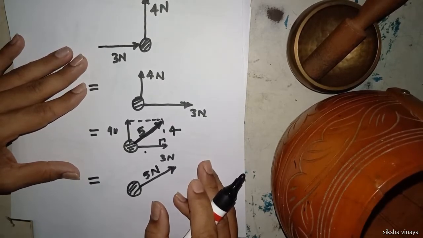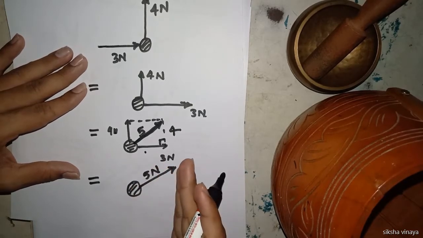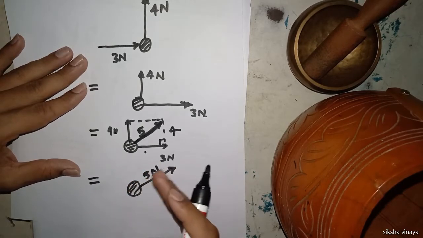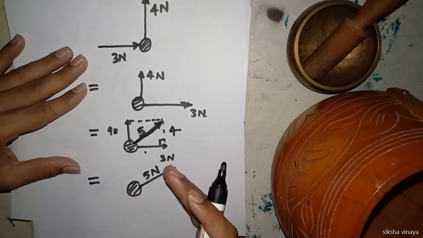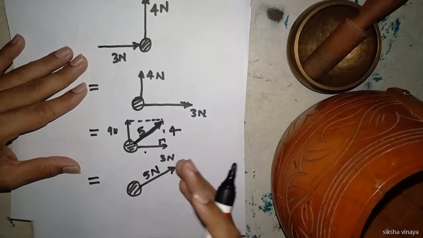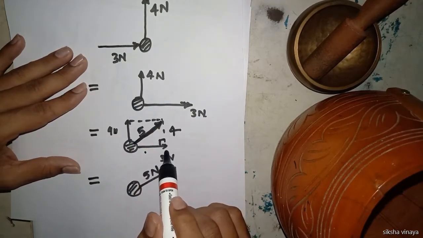So in your mind a thought comes: why are we doing this? Actually, if you try to find out how to solve some problem, then you come up with some idea.